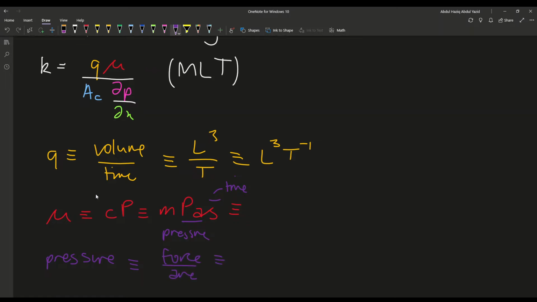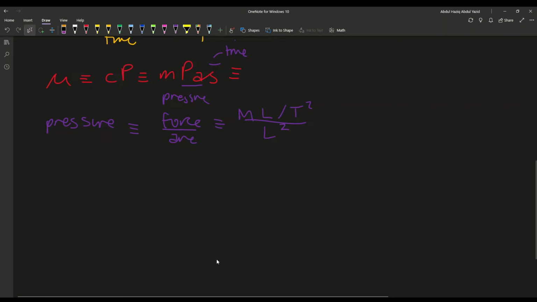Force, if you recall from F equals ma, is mass times acceleration, which is length over time squared, over area, which is length squared. So this simplifies to M L T minus 2 L minus 2, which you can rewrite as M L minus 1 T minus 2.